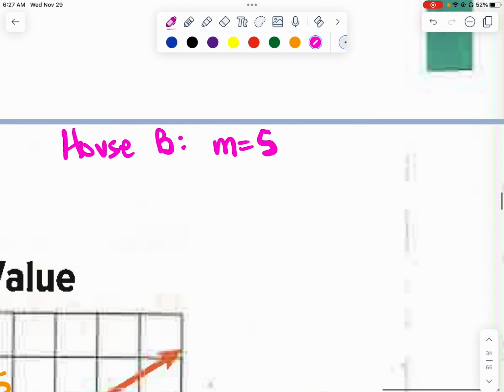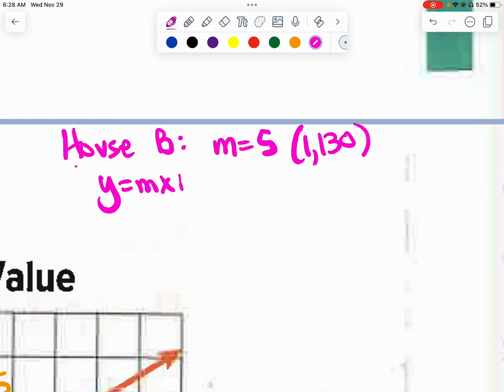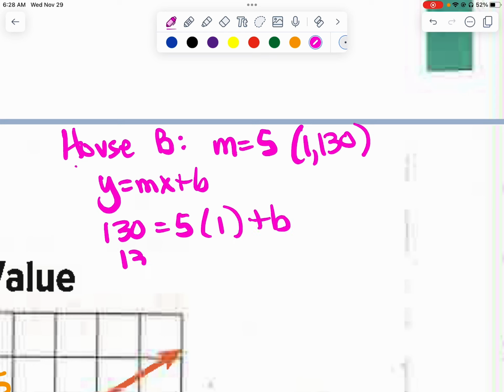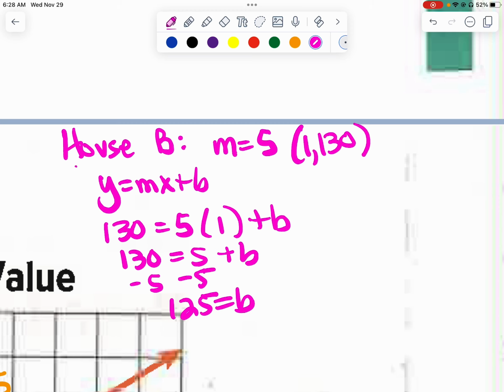So I come up here with the point 1, 130, and I'm going to plug it into y equals mx plus b. Replace the y with 130, the m with 5, the x with 1, plus b. 130 equals 5 plus b. Subtract 5, and I get 125 is equal to b.